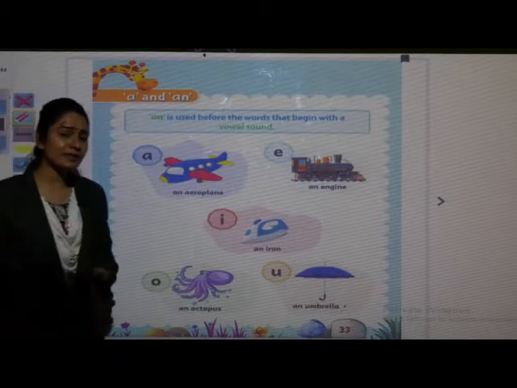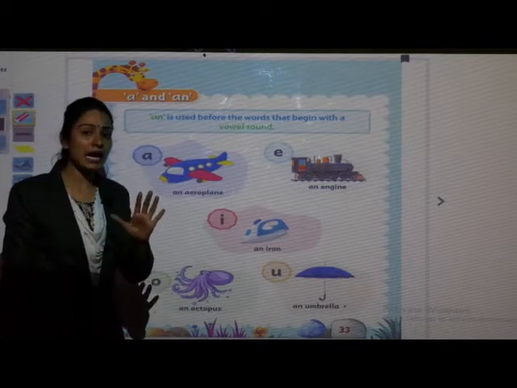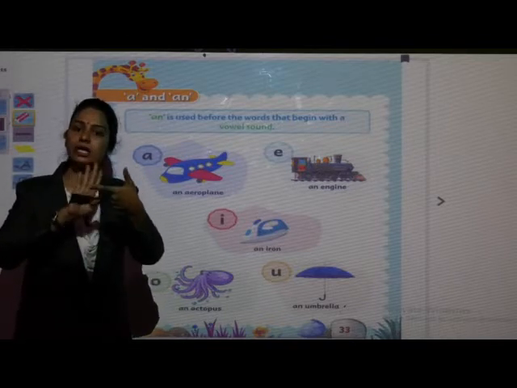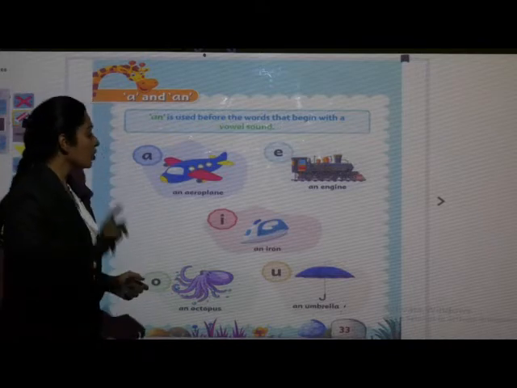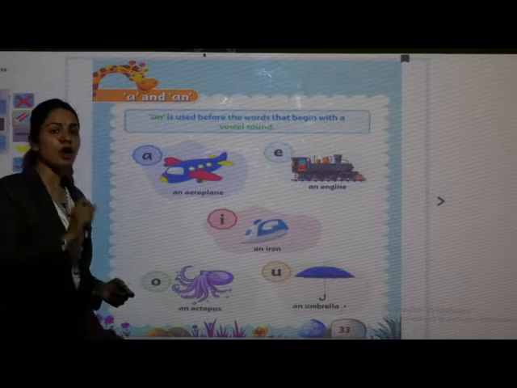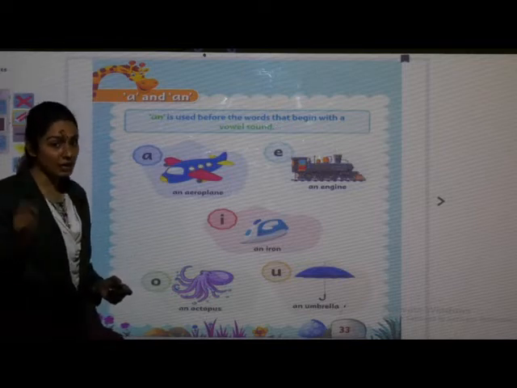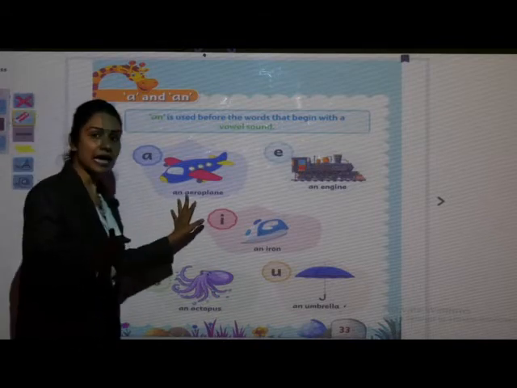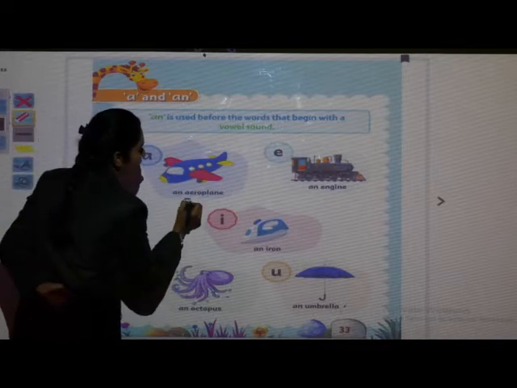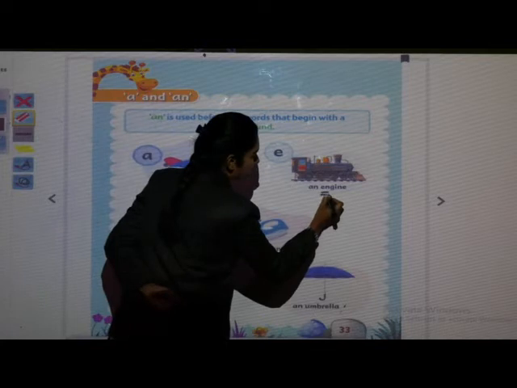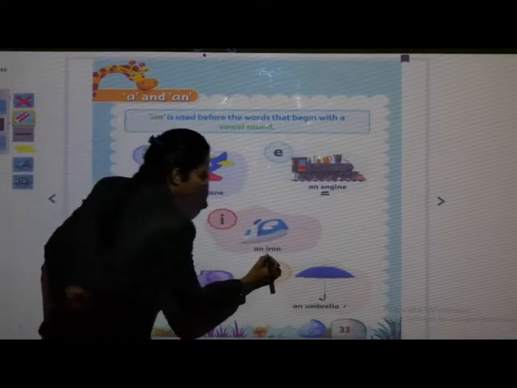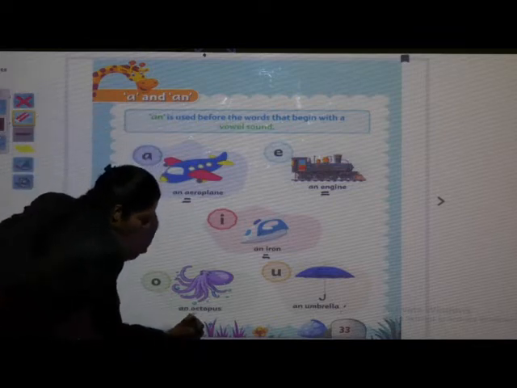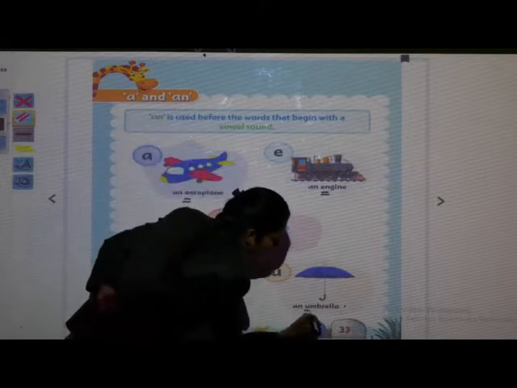So children, how many vowels are there? Total 5 vowels. Those are A, E, I, O, U. These are the 5 vowels, right? So whenever a vowel sound comes, before that we should use an article. Okay, so these are the examples. A is for aeroplane, E is for engine, I is for iron, O is for octopus, U is for umbrella.